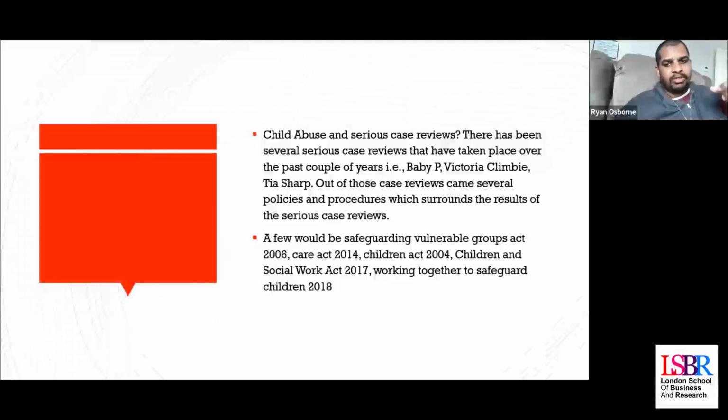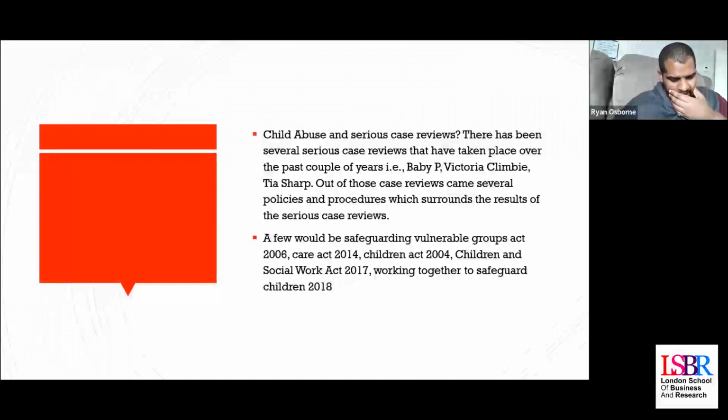So you've got the Children Act, you've got the Care Act, but now you've got the Children and Social Work Act. Basically, that one is when you're looking at looked after children and providing the right care and support for the looked after children in your care.